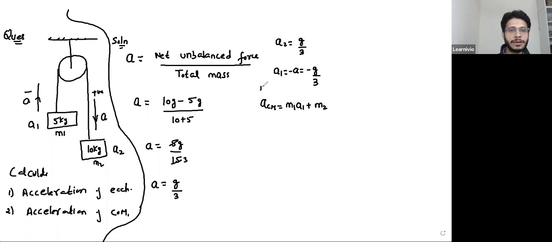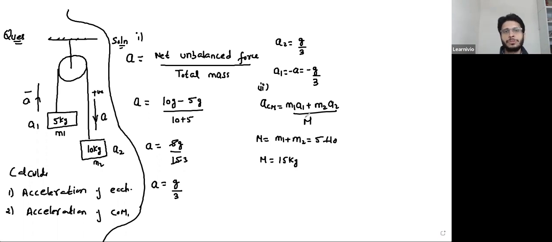But to calculate the acceleration of an individual particle, you will use the concept of pulley. Just substitute the values of m1, a1, a2 and capital M here and get the value of AC, the acceleration of center of mass.